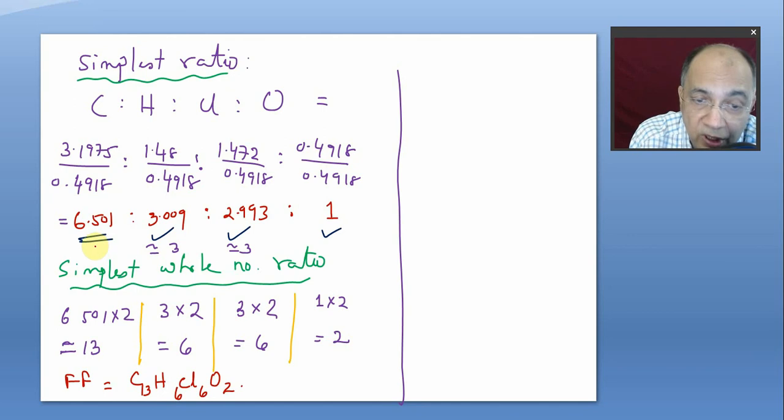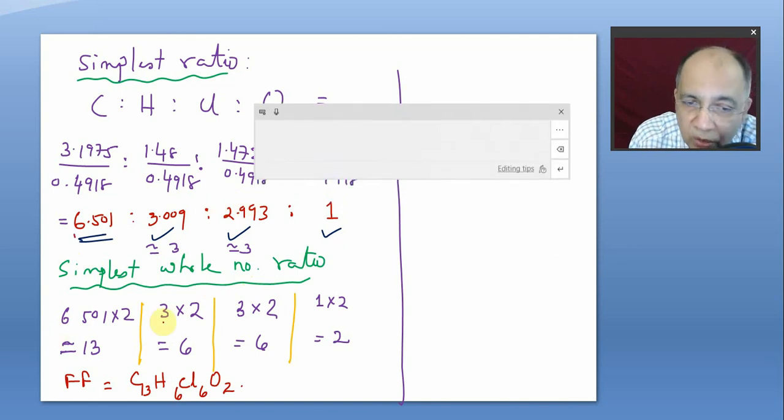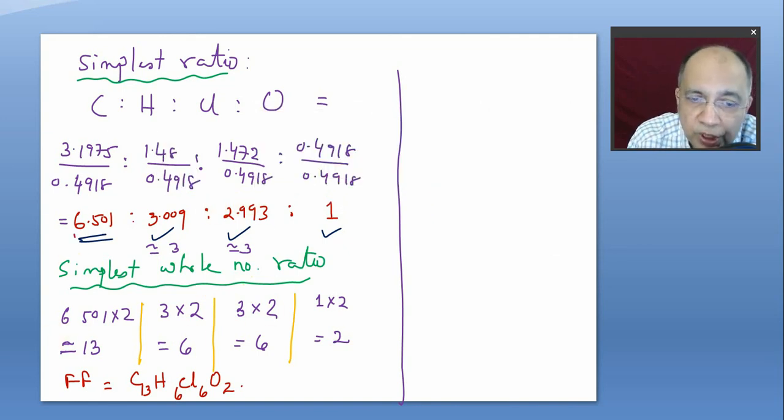Therefore the ratio 6.5 : 3 : 3 : 1 is not a whole number ratio. It is the simplest ratio, but not a whole number ratio. So we multiply by 2 throughout. It is coming 13 carbon atoms, 6 hydrogen, 6 chlorine, and 2 oxygen.